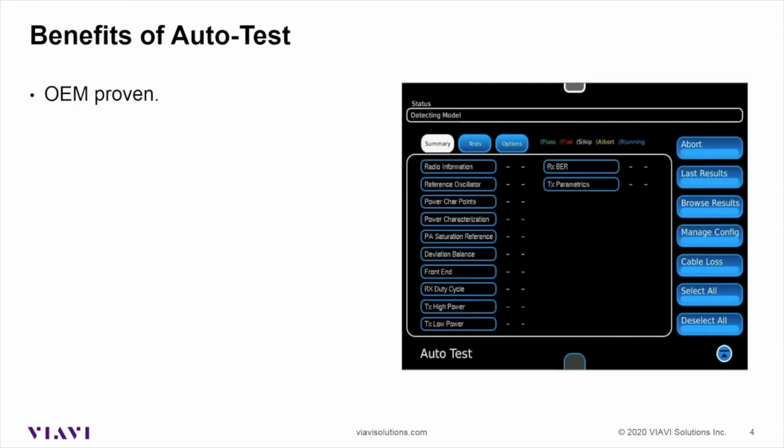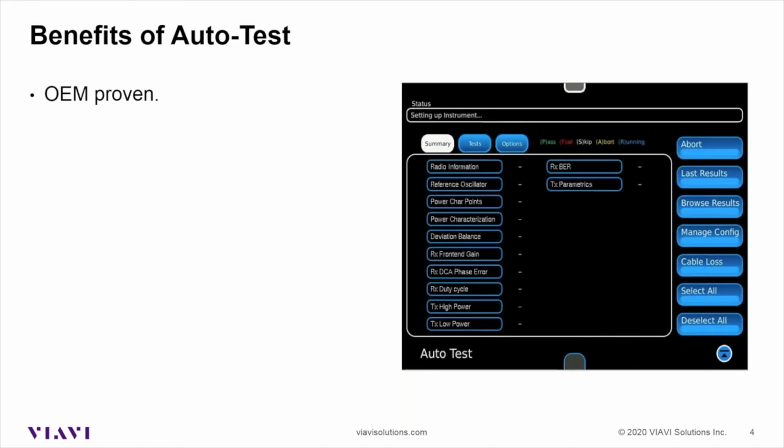So we're not just pulling tests and procedures out of the air to test your radio. We're doing the things that the manufacturer would have you do if you were aligning or testing that radio manually. The difference is that we are doing this in an automated fashion and thus making you more efficient in the process.